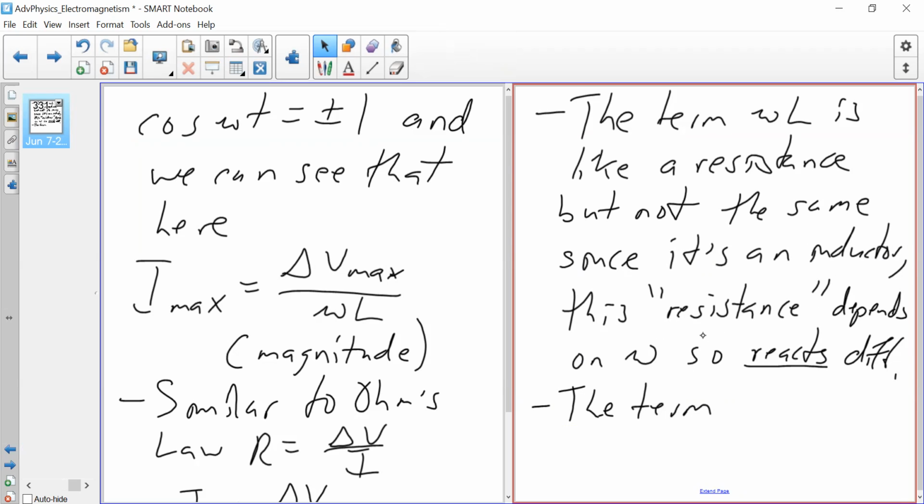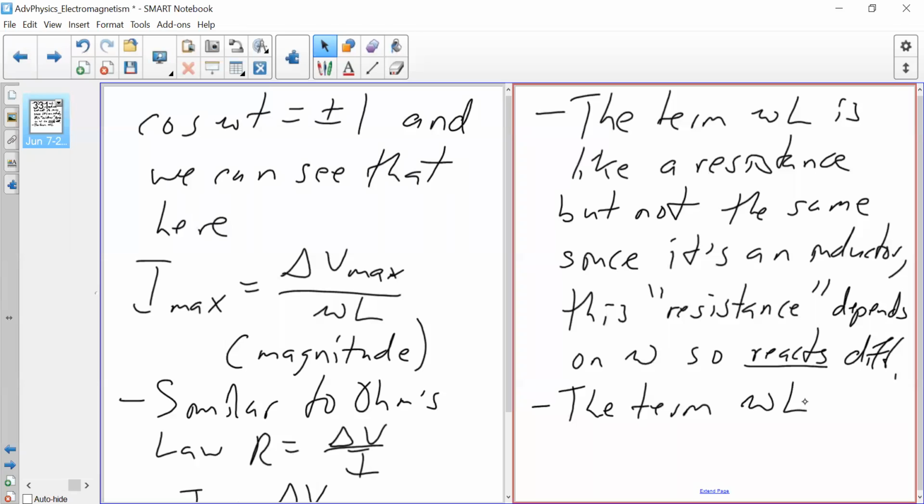So in a particular AC circuit, where the frequency of the voltage source is the same as the frequency of the current, the circuit is said to be in resonance. And we're going to get to that.